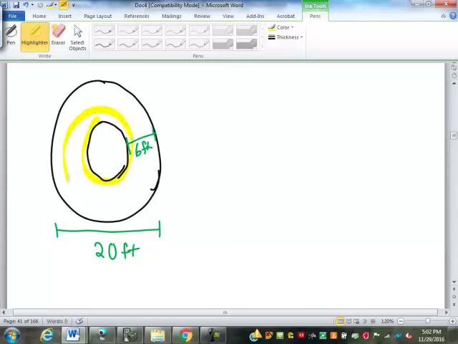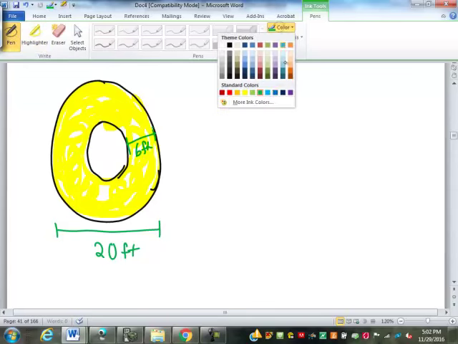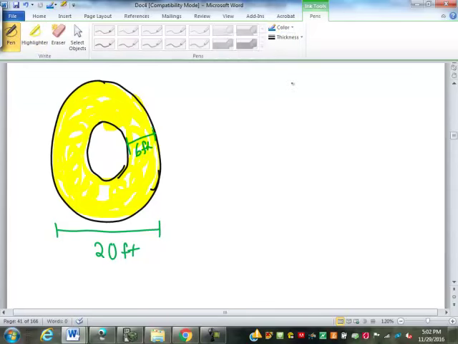Find the area of this ring. Do I have any ideas? Yes, the diameter of the middle one would be 8. Perfect. Because you're subtracting 6 here and 6 here.